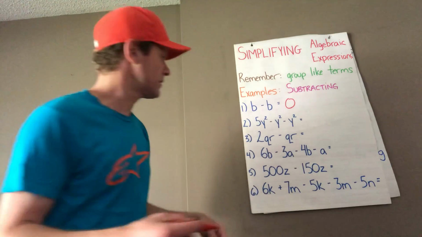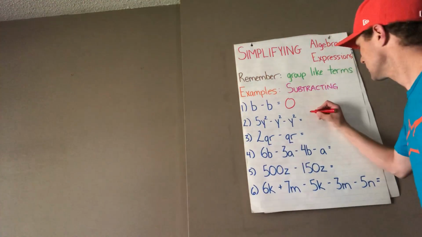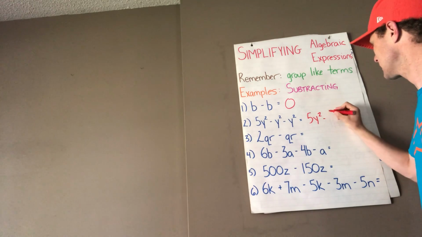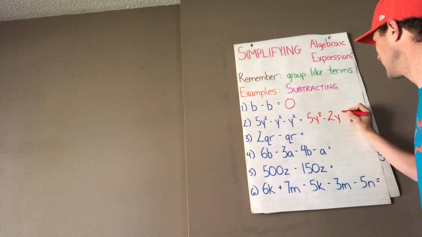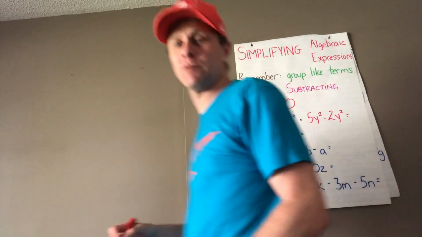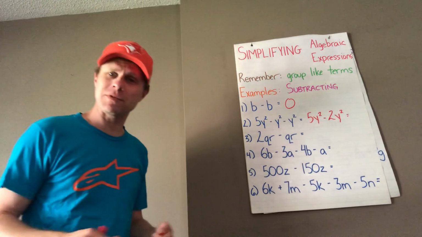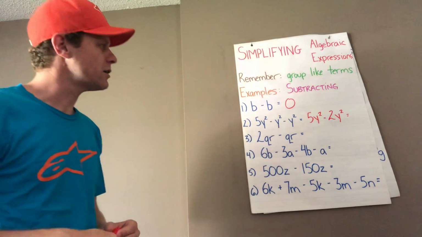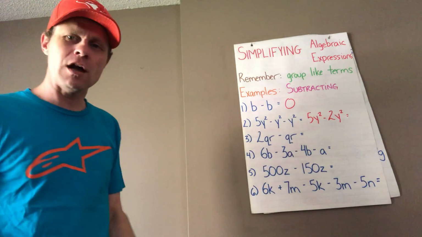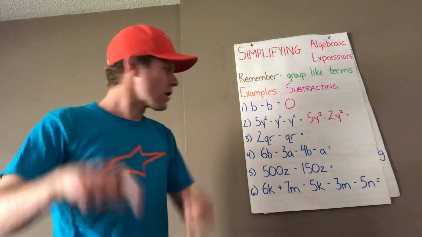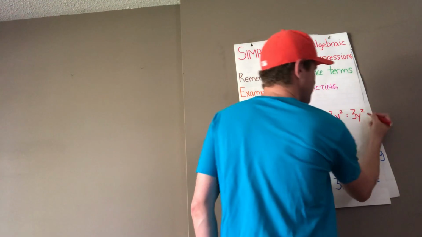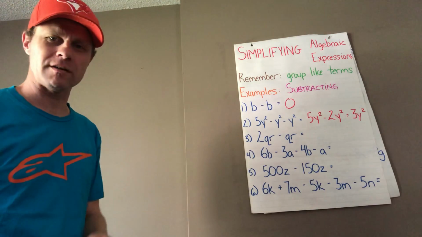So that would look like this: 5y squared subtract 2y squared. Whichever way you like. Whatever works for you, you're going to end up with the exact same answer. So it's all good. What's the difference between 5y squared and 2y squared? 3y squared. Love it. Perfect. We're on a roll here.